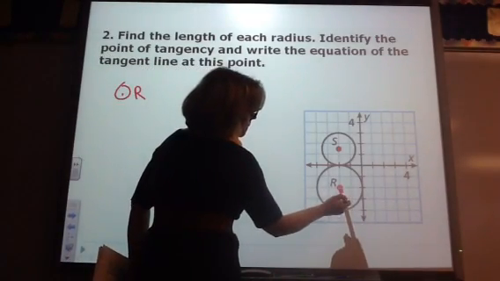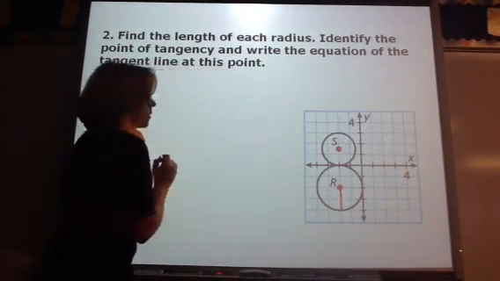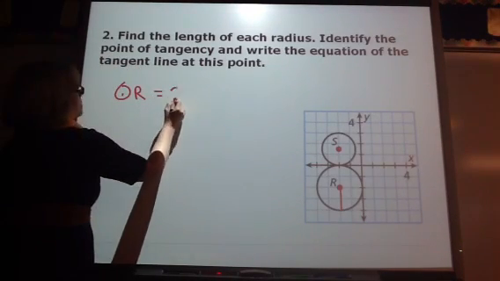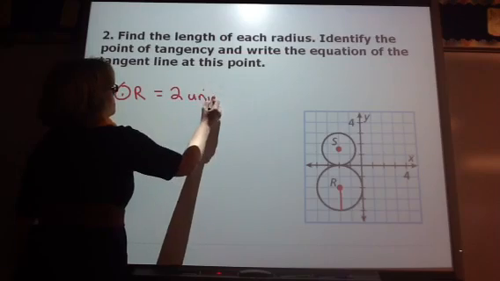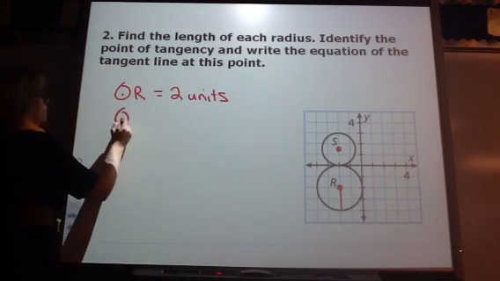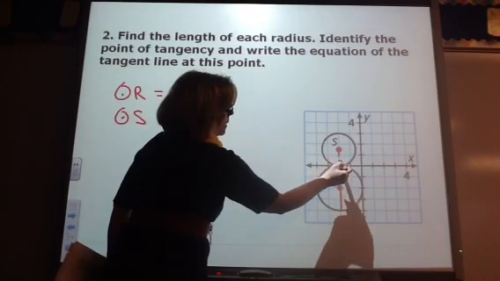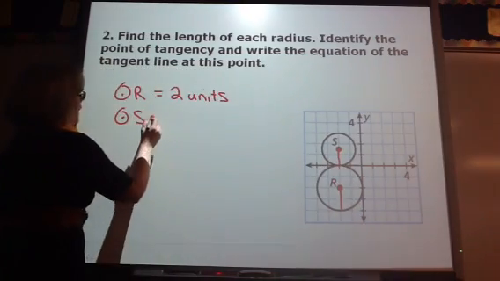Here's the center. So there's the radius, and it is 2 units. Circle S, here's the radius to the outside of that circle, so that's 1.5 units.